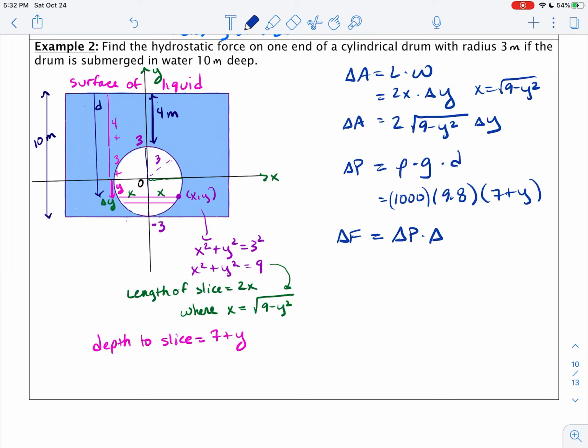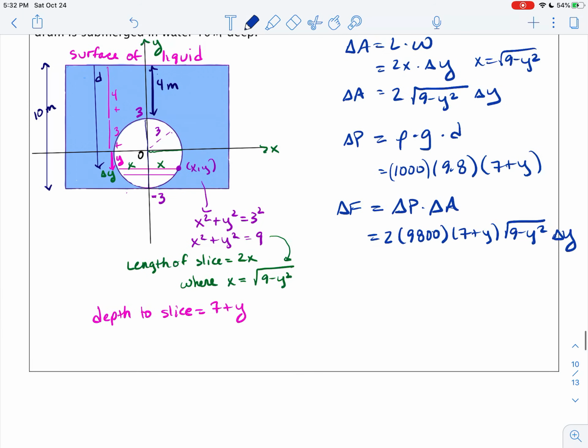Good. And now our delta force is going to be our delta pressure times our delta area, and we can put that together: 2 times 9,800 times 7 plus y times the square root of 9 minus y squared, delta y.